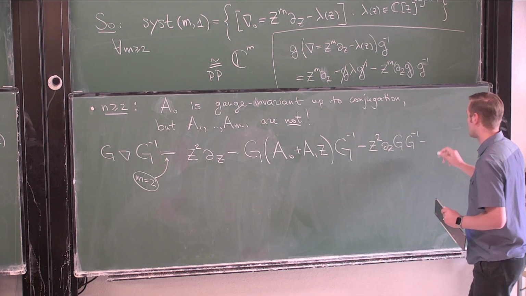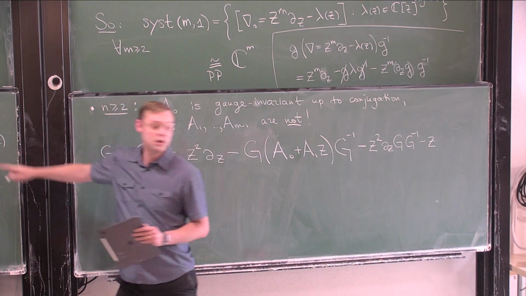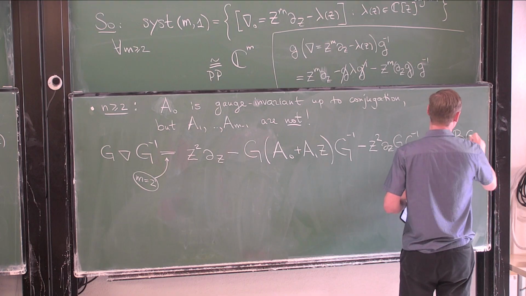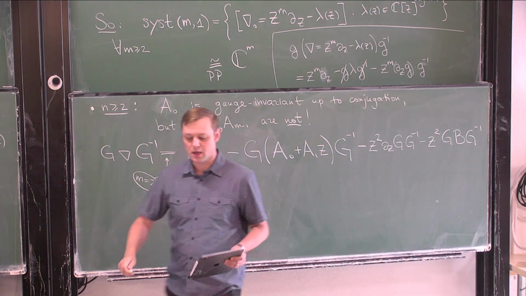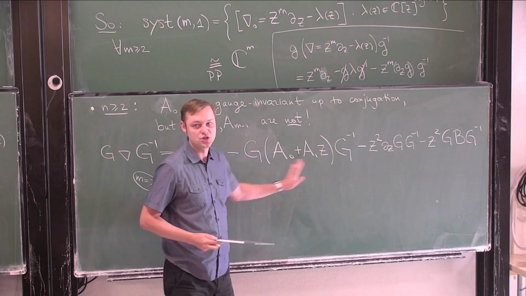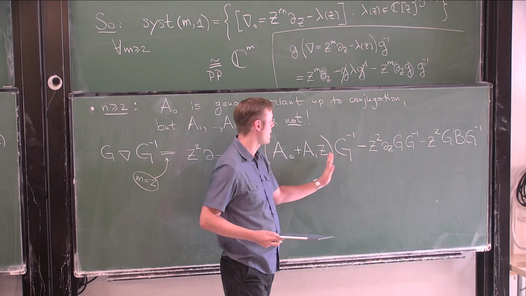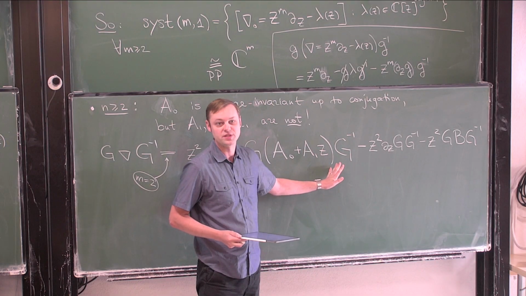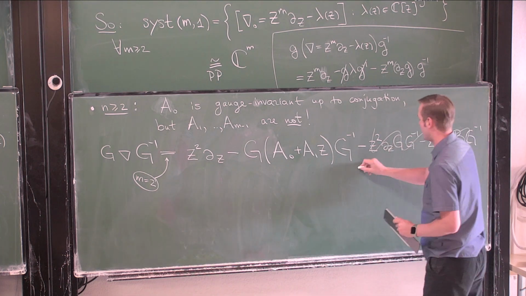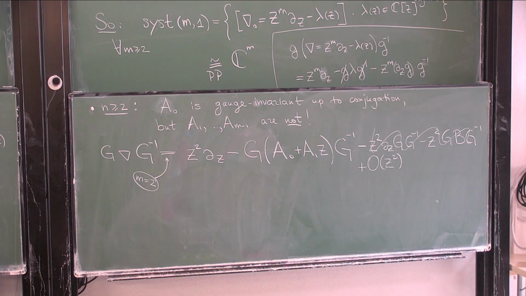And then we also have the conjugation of b. All I want from this calculation is to see how G affects the principal part, so I only care about terms up to the order of z. All of the rest I'm just going to put into the notation for order z squared.